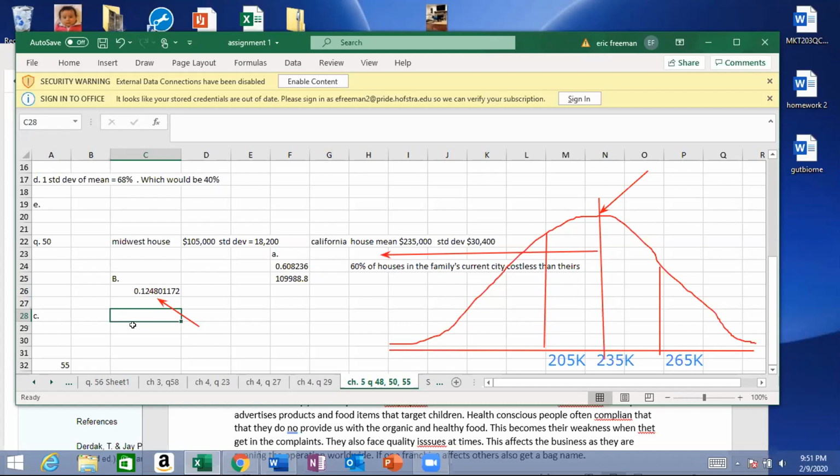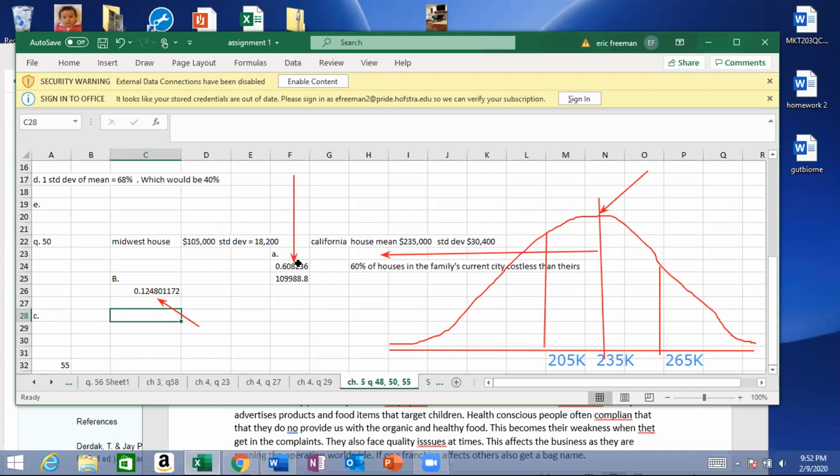So what price house will the family need to buy to be in the same percentile in the new city as they're in the current city? In the current city, they're at 110,000. And what percentile was that? Yes, 61%.